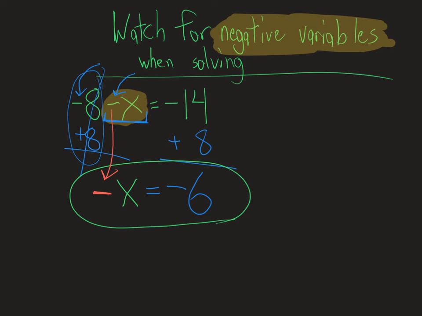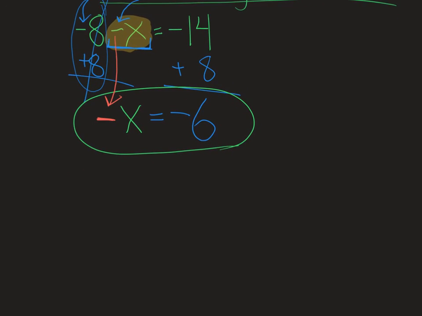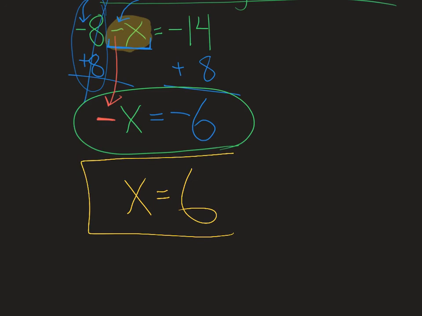We didn't solve for x, we solved for negative x. That means we're not actually done. We've got one more step. And you apply what we just talked about yesterday on the video. If negative x is negative 6, positive x is positive 6, and this is the solution. This you will lose some points for on the quiz. You've got to finish and solve every problem for the positive variable, okay?